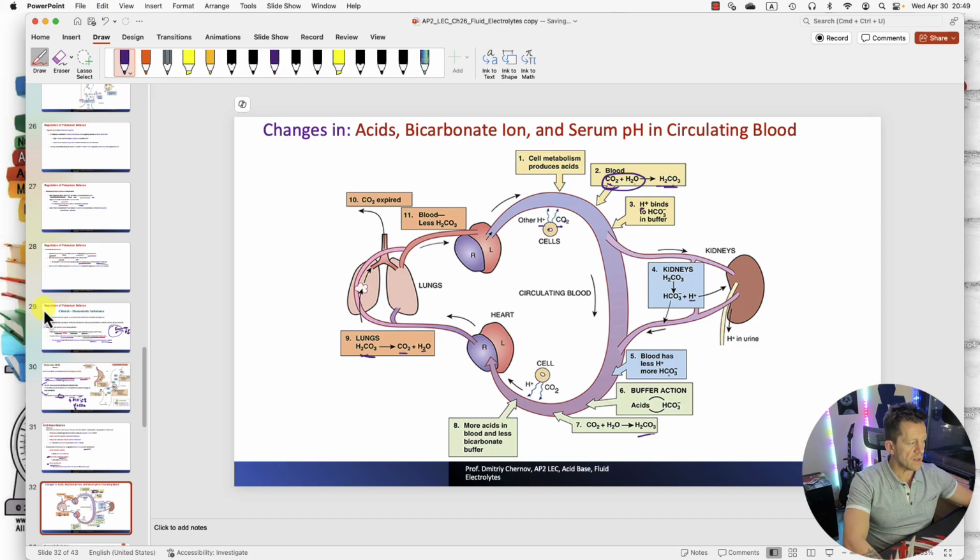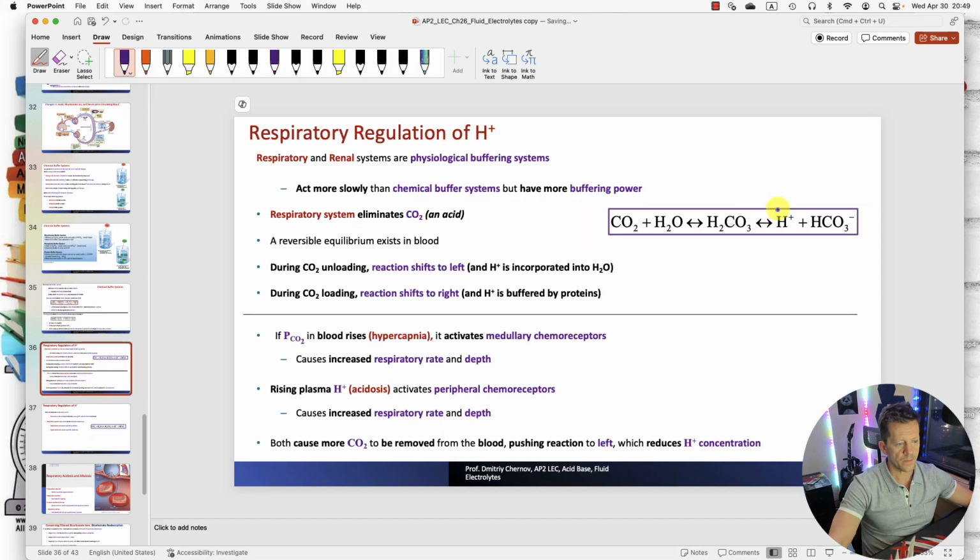So it's basically this mechanism: carbonic acid, hydrogens together with bicarbonate, you have this. Or you combine this, you have that. You break down carbonic acid, you have water and carbon dioxide. You break down carbonic acid, you have hydrogens, and you have bicarbonate.